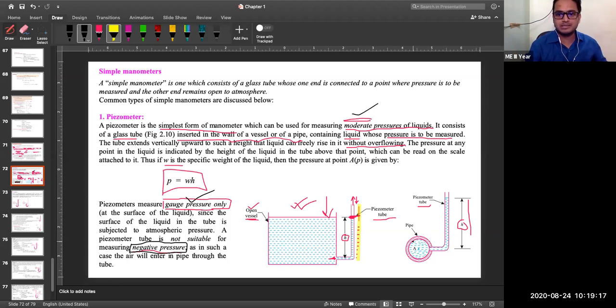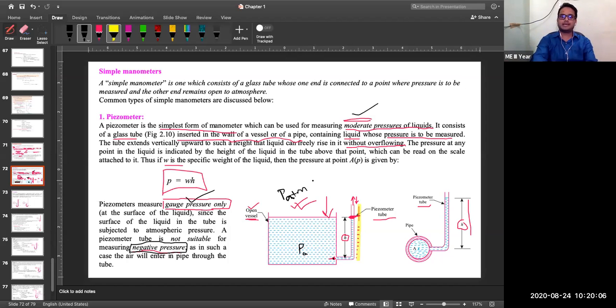Okay, negative pressure means, suppose at this point you have pressure PA, outside you have P atmospheric, PATM.